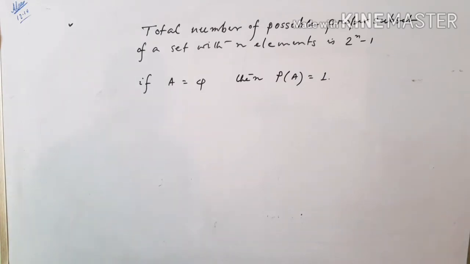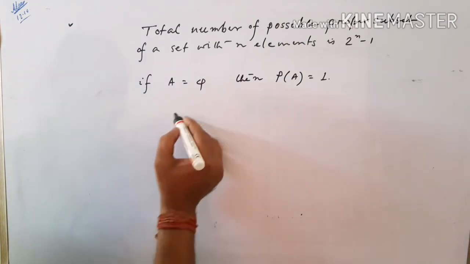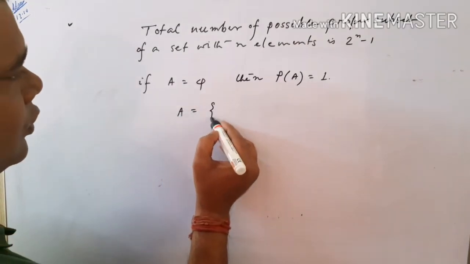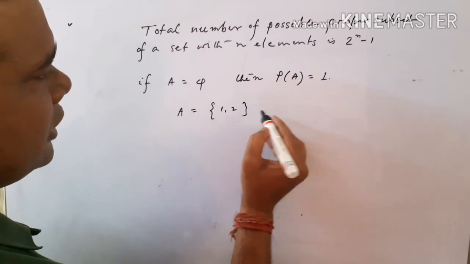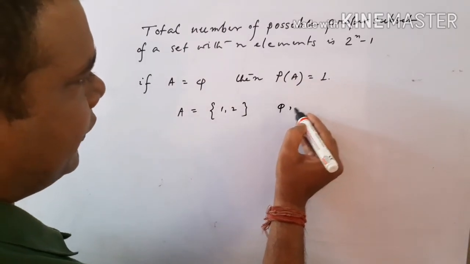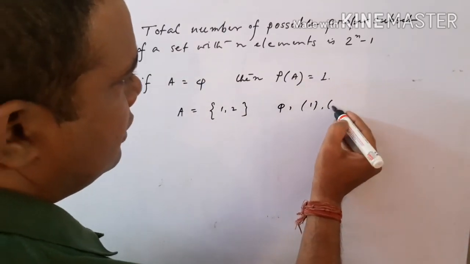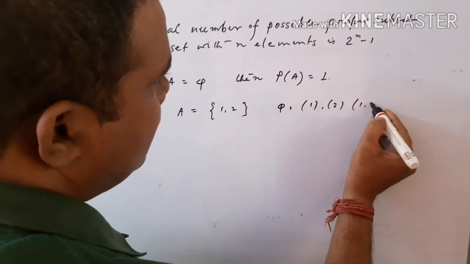Now remember that the total number of possible proper subsets of a set with n elements is 2 to the power n minus 1. For example, if we take A equals {1, 2}, then the total number of possible subsets is 4: {}, {1}, {2} and {1, 2}.